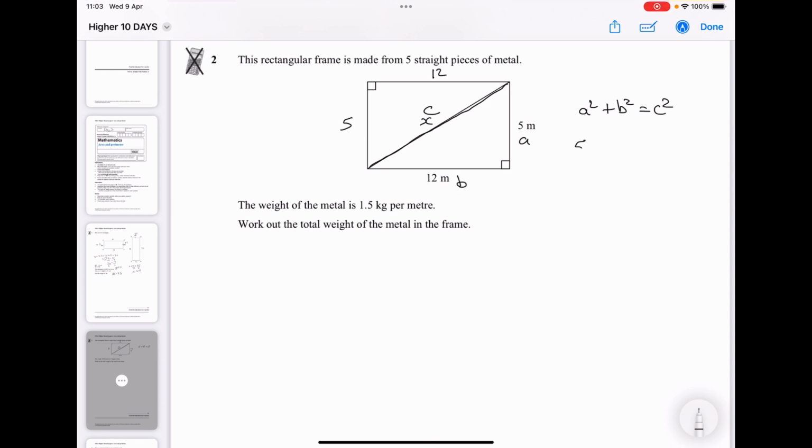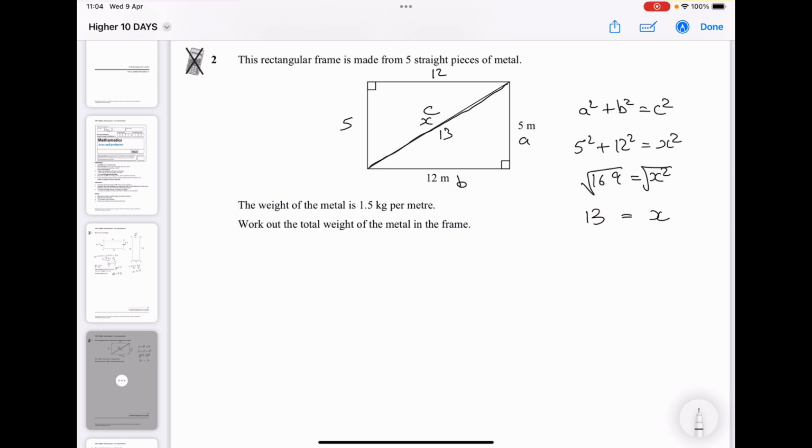So in this case, 5 squared plus 12 squared equals X squared, and 5 squared plus 12 squared is 169, equals X squared. So the square root of 169 is 13. That's a common square root, and 5, 12, 13 is quite a common right angle triangle. I then know that this is 13.